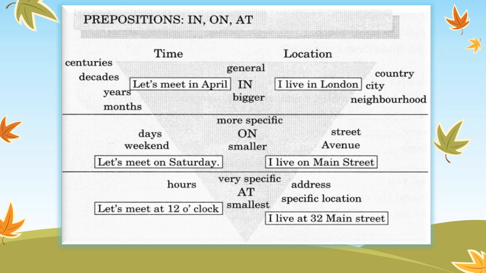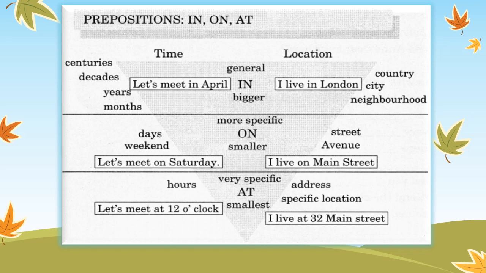It is very important to talk about the prepositions in, on, and at. These prepositions are used in the context of both time and place or location. When we use in with regard to time, we might be talking about months, years, or even centuries.